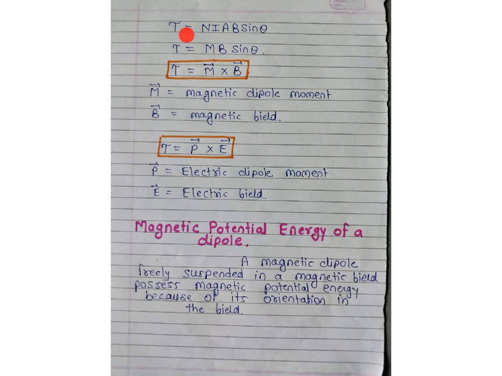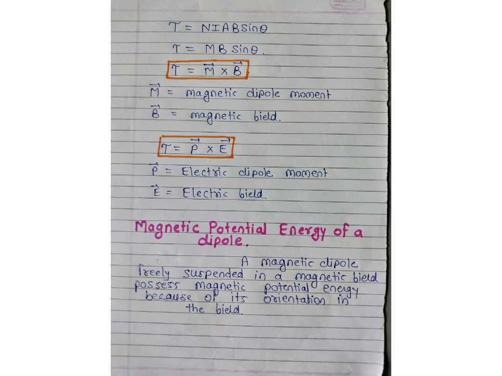So we know that tau, the torque, is equal to NIAB sin theta. We know that NIA is equal to M, the magnetic dipole moment. Therefore, tau is equal to MB sin theta. So we can write tau as the cross product of vector M and vector B, where M is the magnetic dipole moment and B is the magnetic field.